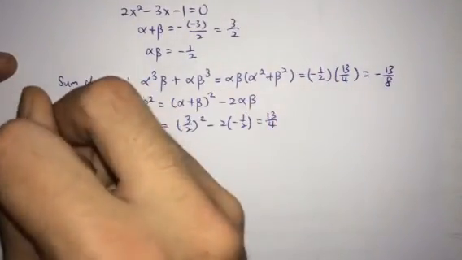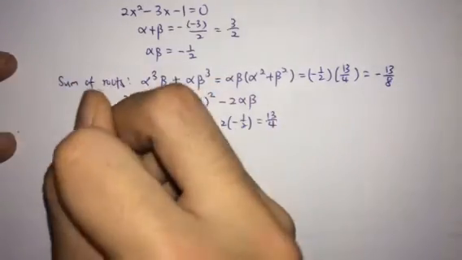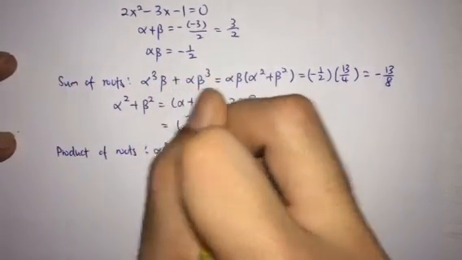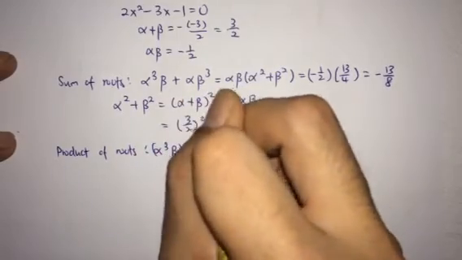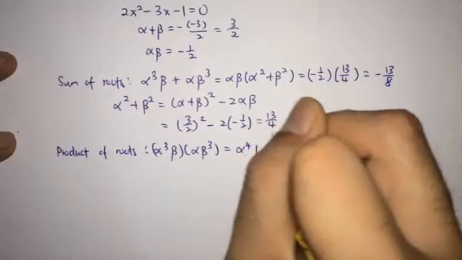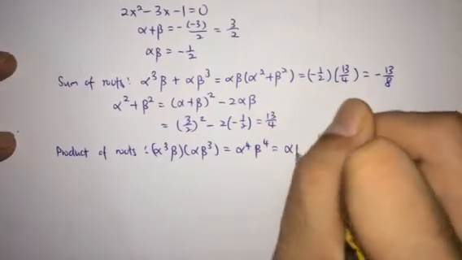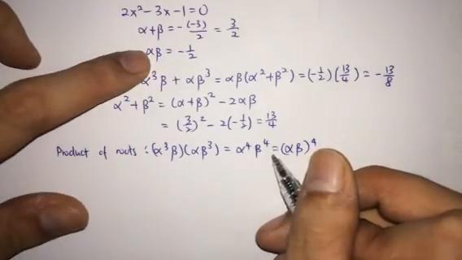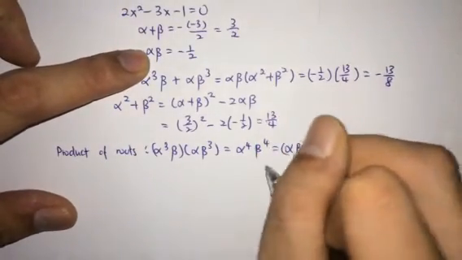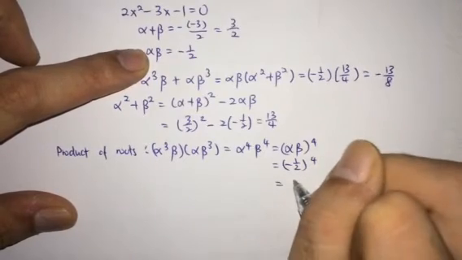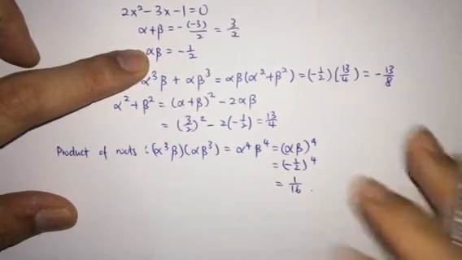The product of roots will be alpha cubed beta times alpha beta cubed. This gives me alpha to the power 4 beta to the power 4, which is alpha beta to the power 4. Since we have alpha beta here, we just substitute inside. We get minus half to the power 4, which is 1 over 16.